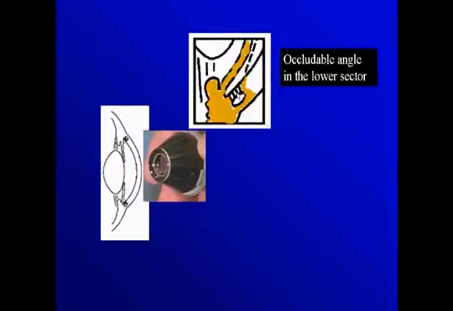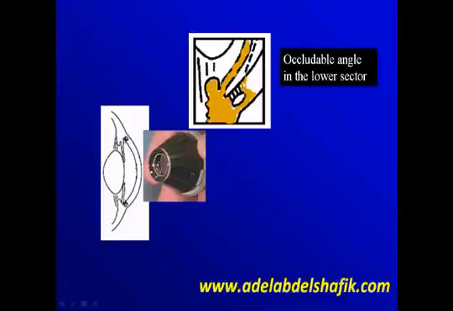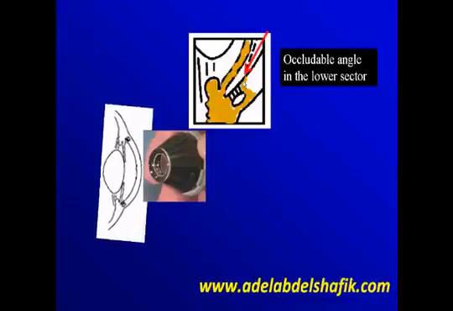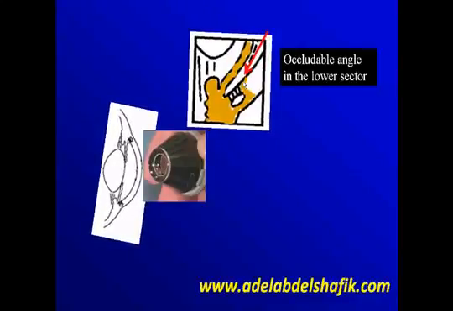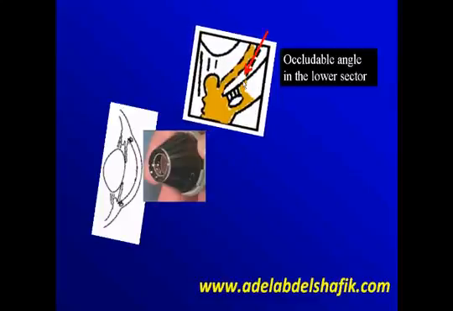So again, to start, if there is no angle, no trabecular meshwork seen, and you ask the patient to look toward the mirror of examination, and now you can see the trabecular meshwork, then it's an occludable angle.